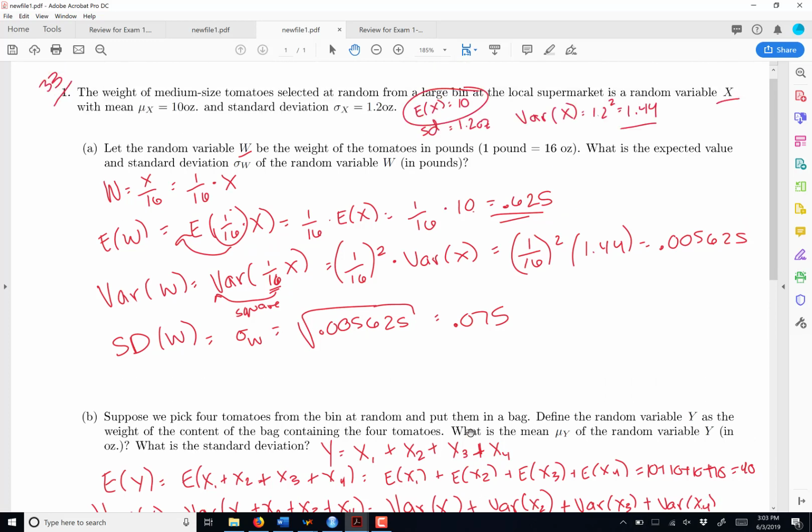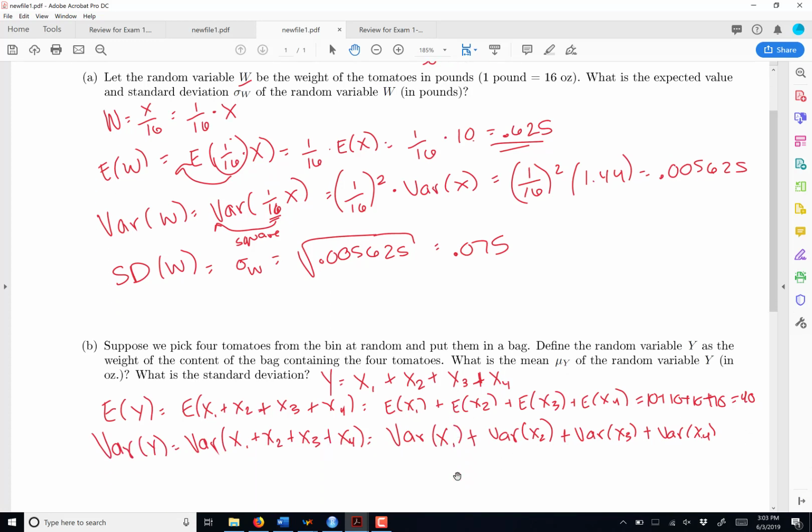Okay. Now each individual variance is this 1.44. So this is going to be 1.44 for the first one, plus 1.44 for the second one, plus 1.44 for the third one, plus 1.44 for the fourth one, which gives me 5.76. So that's my variance.